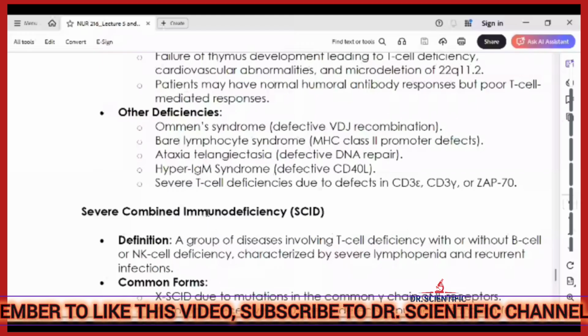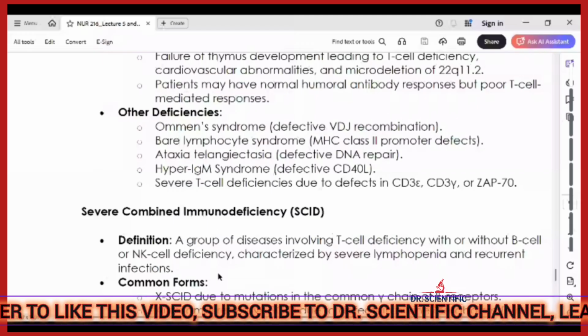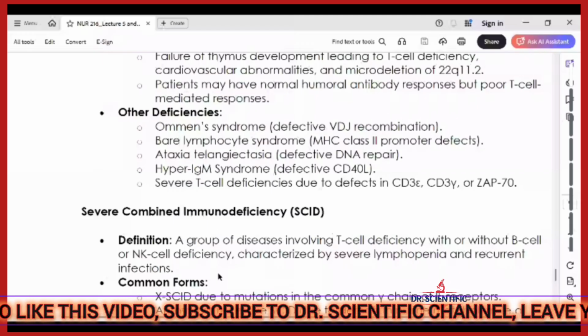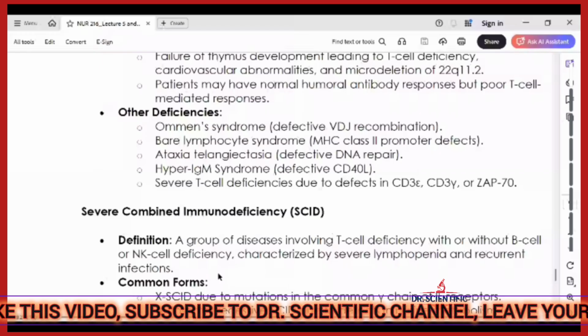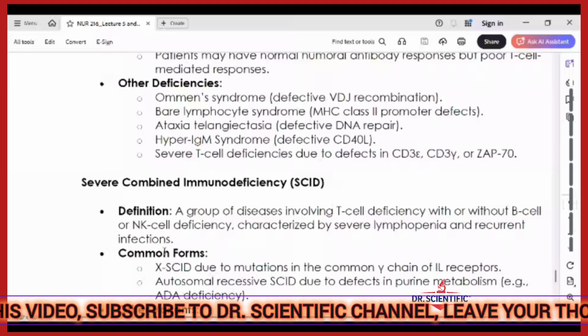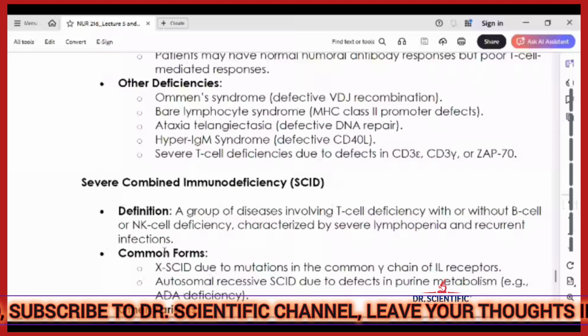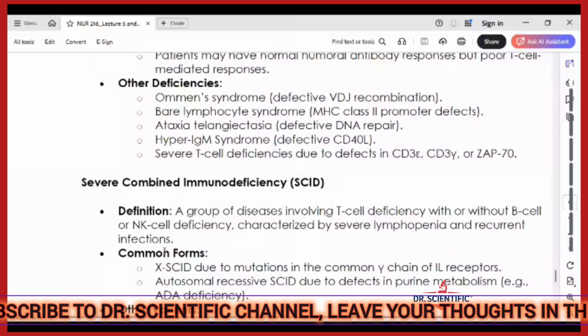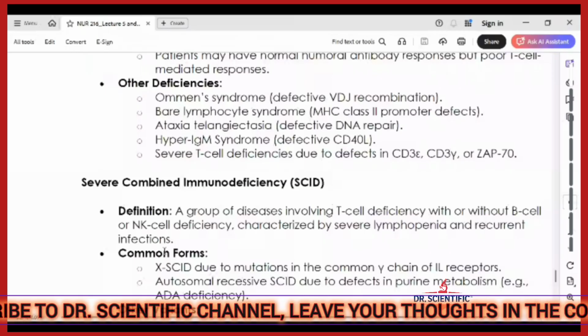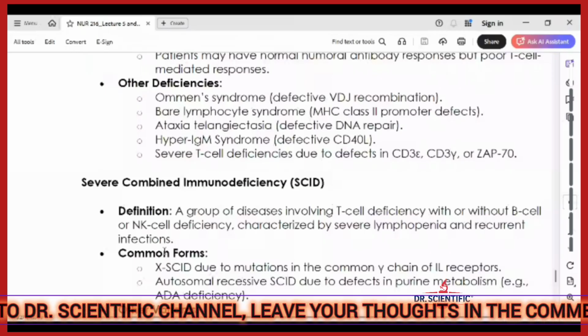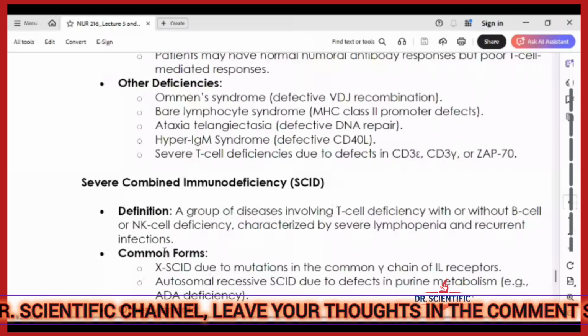Then we have SCID. SCID is the most common primary immunodeficiency, but we have different forms of SCID. SCID stands for severe combined immunodeficiency. It's a combination of several factors, not just one factor like we've seen. We have seen phagocytic defects, immunoglobulin defects, T cell defects.